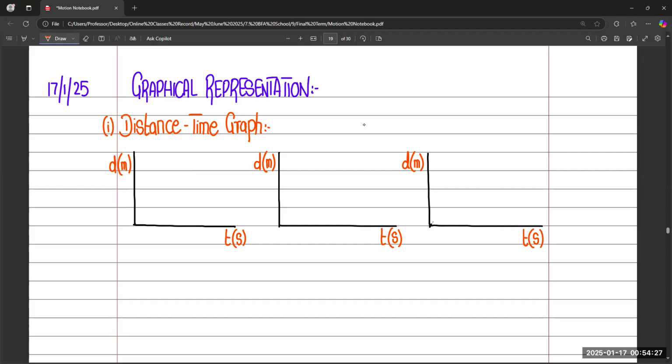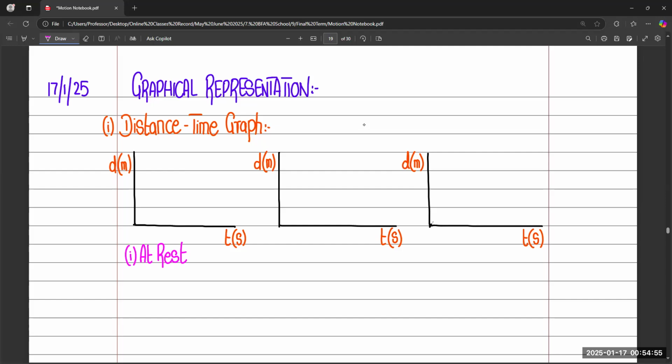Now we need to discuss different examples. The first case is when the body is at rest. So this is the first graph. When the body is in a rest state, any idea how to draw the graph?